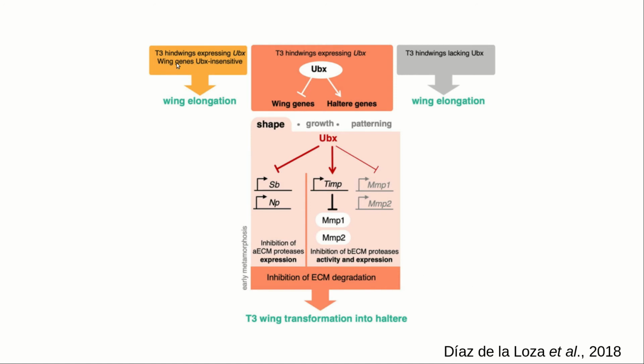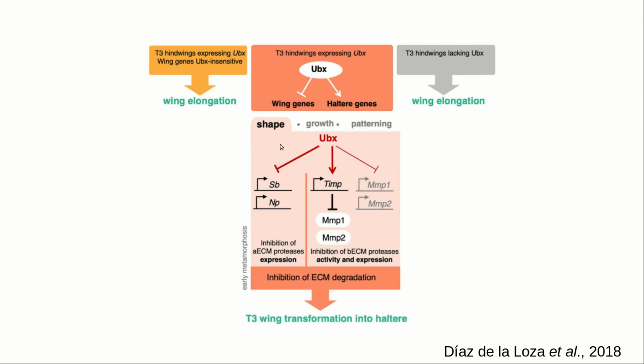Basically, this thoracic segment 3 is always, in all insects, expressing Ultrabithorax, but the wing genes are not sensitive to Ultrabithorax repression, so they have wings. Then in Drosophila, Ultrabithorax is repressing wing genes and activating some haltere genes because wing genes have become sensitive to Ultrabithorax.